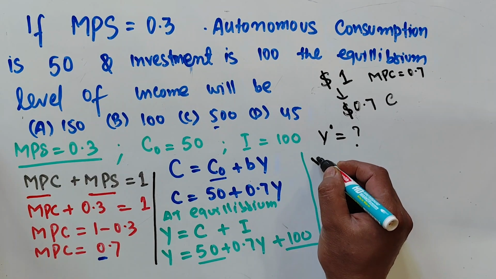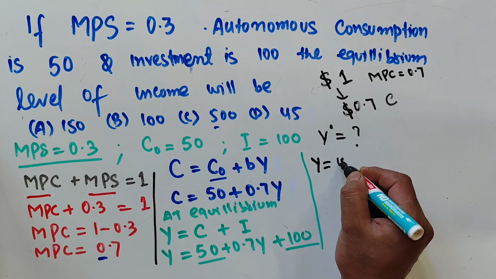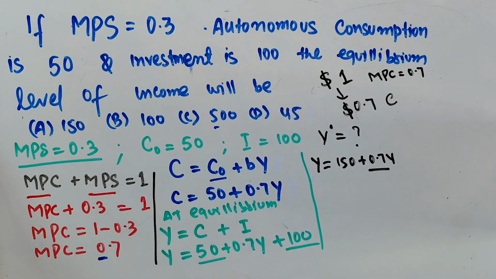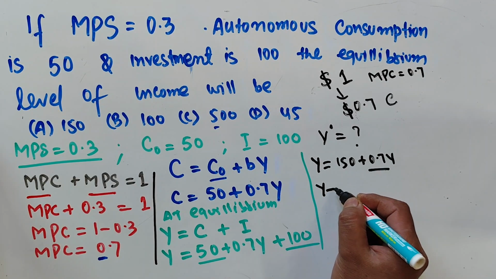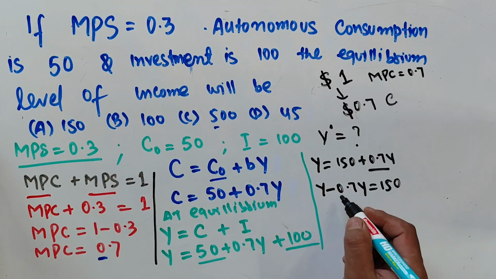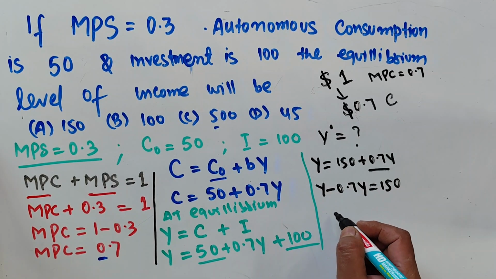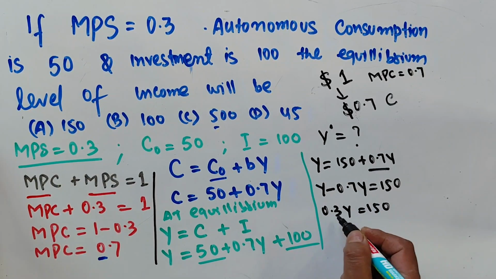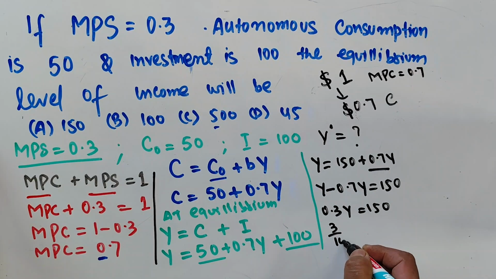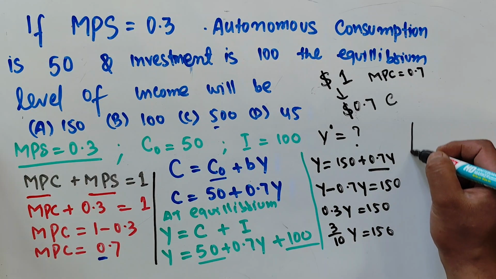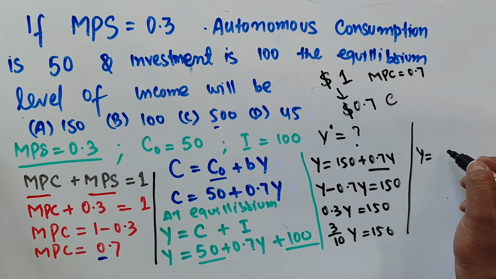I can write Y is equal to 150 plus 0.7 Y. Transposing this 0.7Y here, we have 1Y minus 0.7Y equal to 150. Subtracting 0.7Y from Y, we get 0.3 Y is equal to 150. 0.3 can be written as 3 upon 10, so Y will be equal to 150.